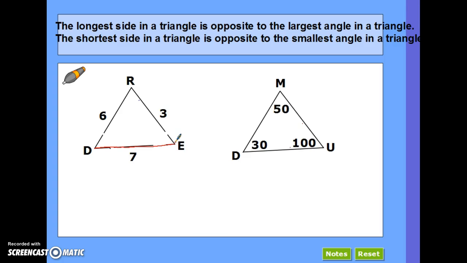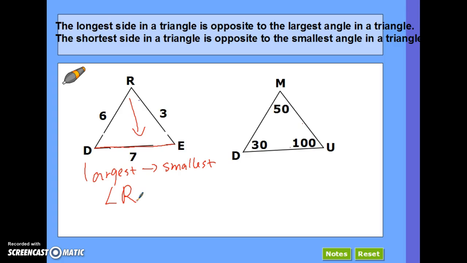So if we arrange the three angles in this triangle from largest to smallest, the largest angle will be the angle opposite to the longest side. So angle R is largest in this triangle.